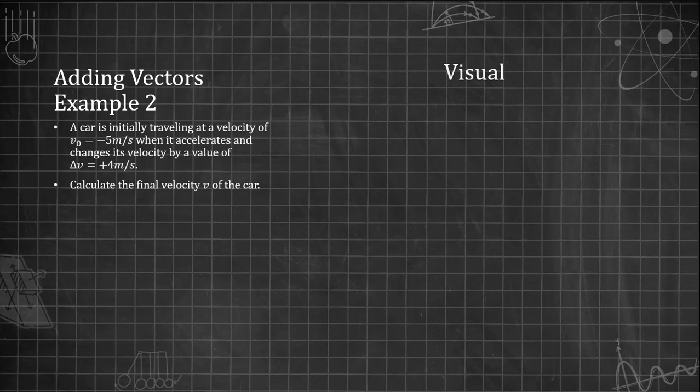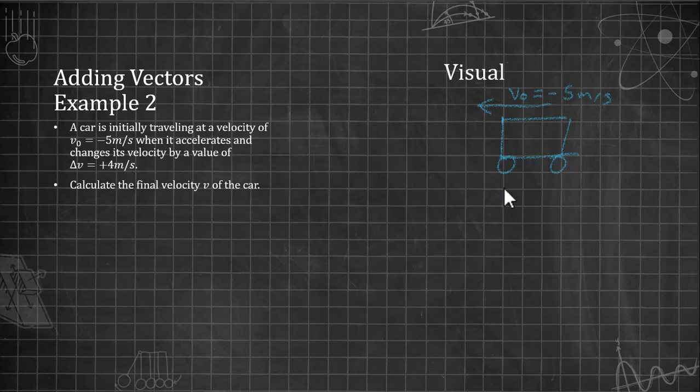Okay, so adding and subtracting vectors is not only limited to position, we can do this with velocity as well. So let's say that we have some car, it's initially traveling in the negative direction. We're going to draw a quick sketch of a square with wheels, we'll call this a car, and we'll say it's moving in this negative direction with some initial velocity of negative 5 meters per second.